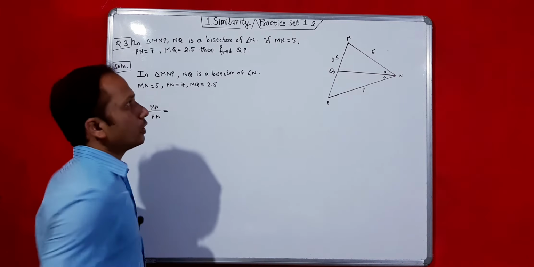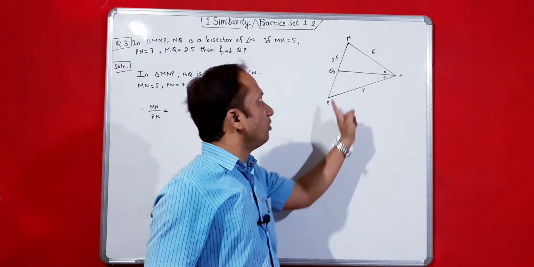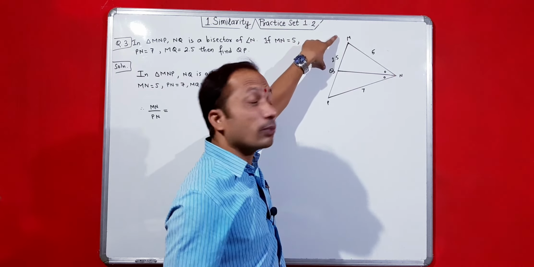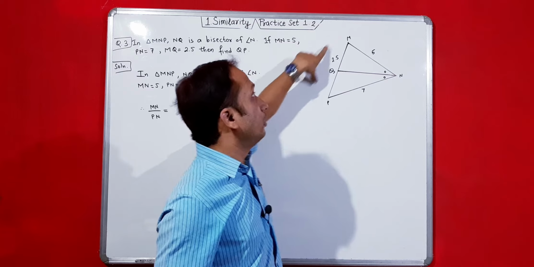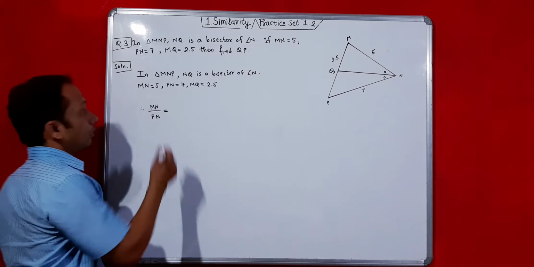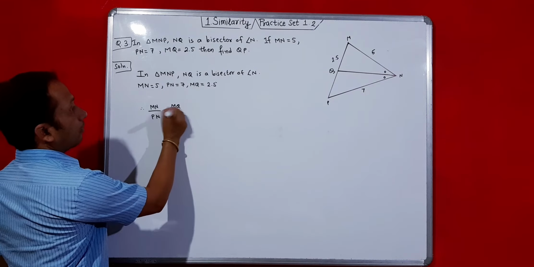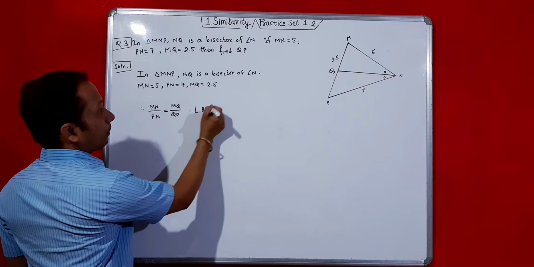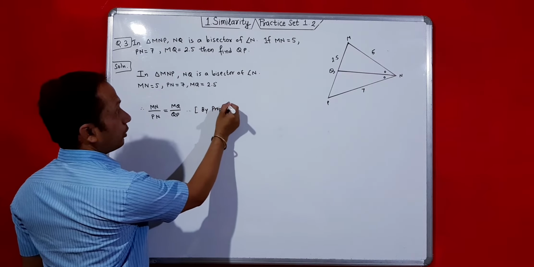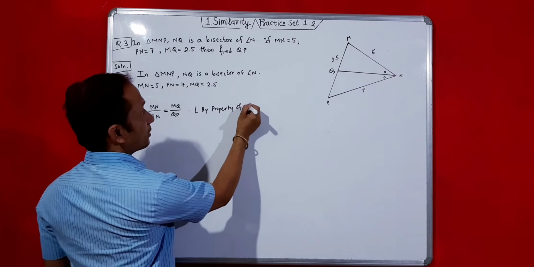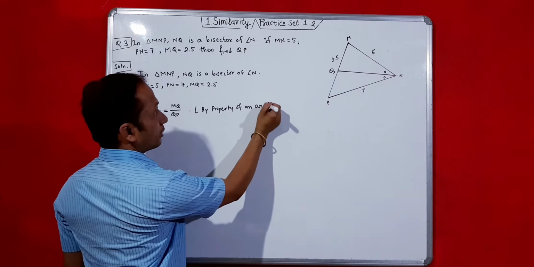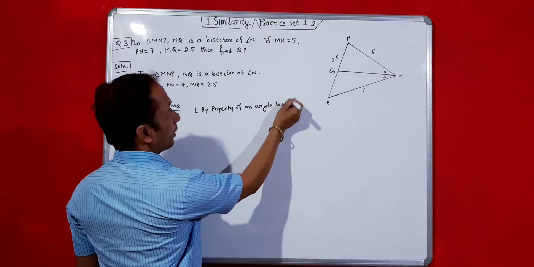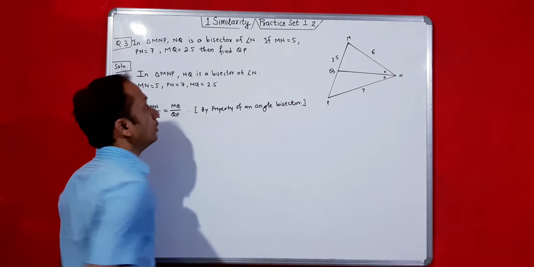See, MN, NP, then always MQ first, because M is first, so MQ and then QP. MQ upon QP. This is by the property of an angle bisector. You have to write the reason.